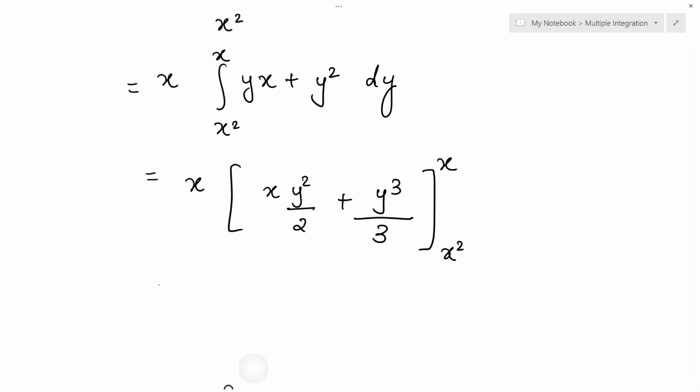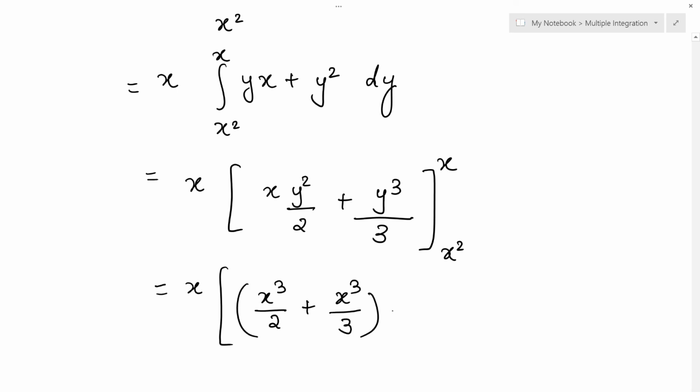So now let us substitute the limits. First you substitute the upper limit. So x cube by 2 plus x cube by 3, this is my upper limit, minus the lower limit. So that is x raised to 4 by 2 and x raised to 5 by 3, and this will be x square cube, that is x raised to 6.